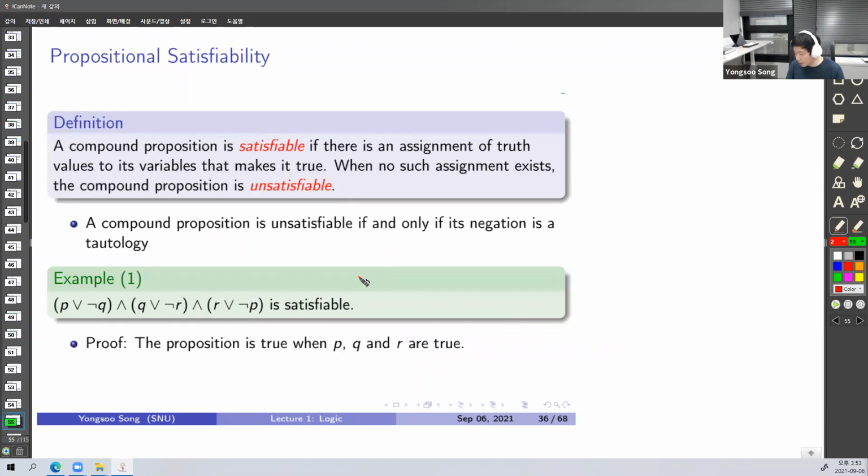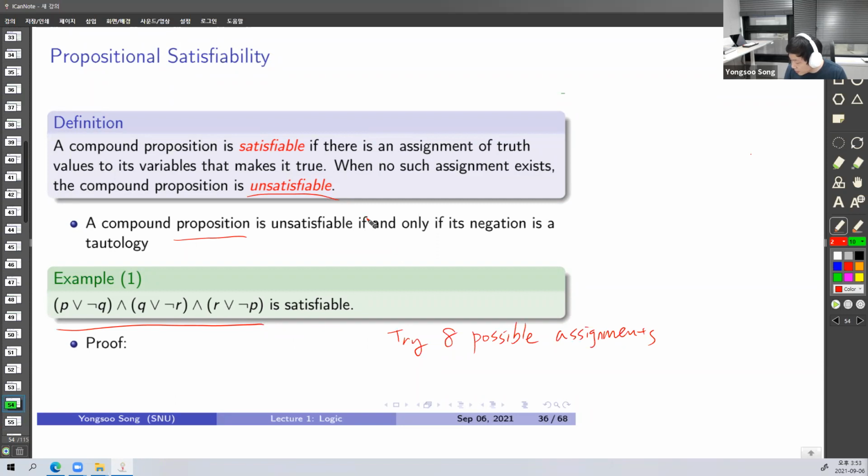We can do it like this. This proposition is true when all these propositions are true. And how can you find this? If you read this proposition, it is basically an AND operation of these three building blocks. The first proposition is P or not Q. So either P is true or Q is false.